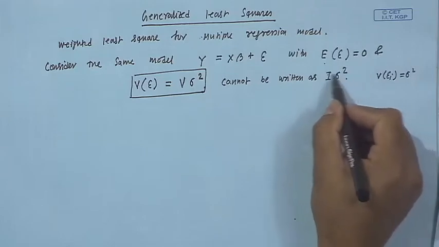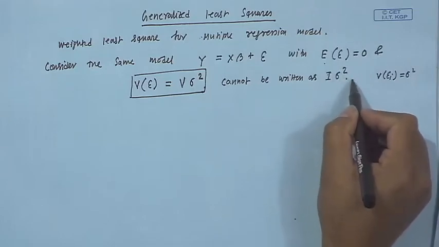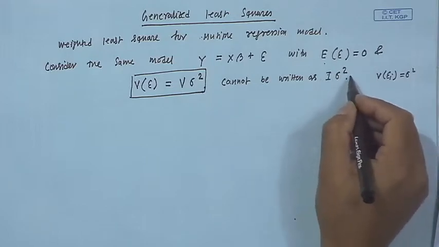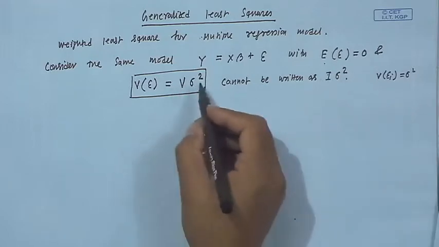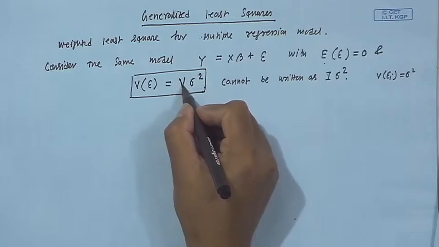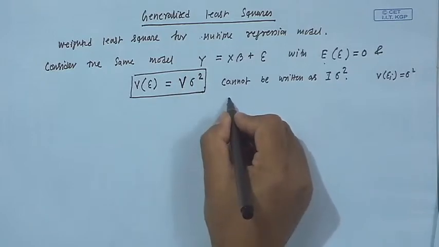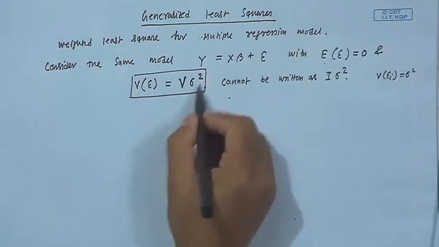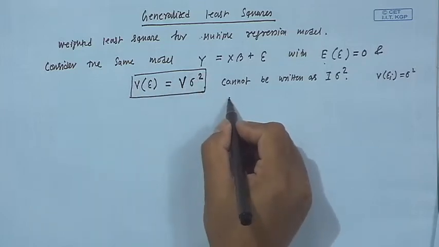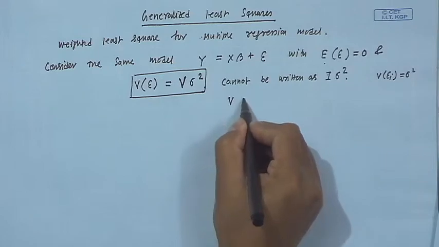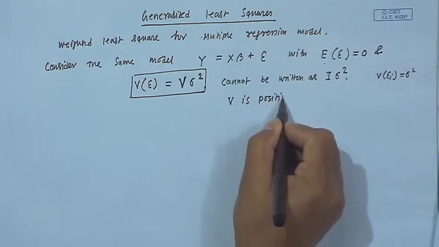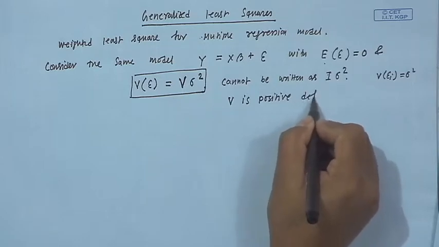That is why you can see here the off diagonal elements are 0, but here this is not true. So, this V is the covariance matrix, and here V is positive definite.